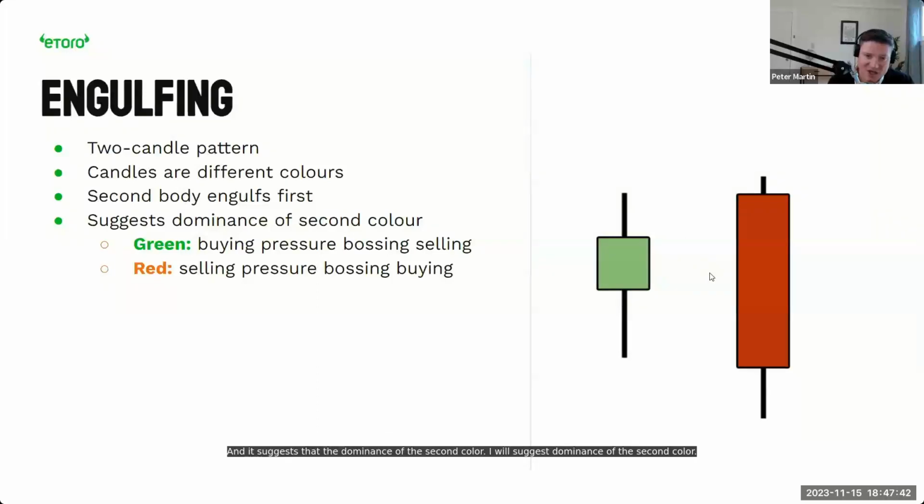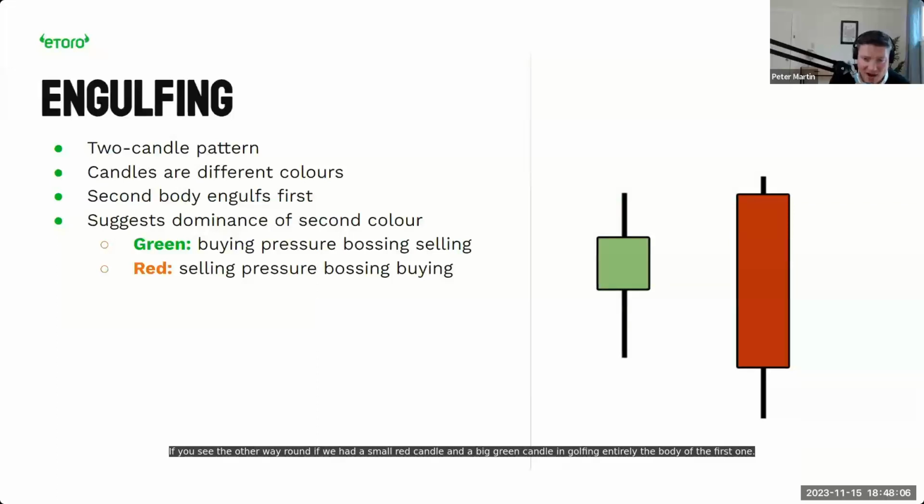And it suggests dominance of the second color. So if we've got the diagram here, we've got a small green body with a large engulfing red body, then that means that the selling pressure, the bearish power, is bossing the buying power. So that is a bearish engulfing pattern.